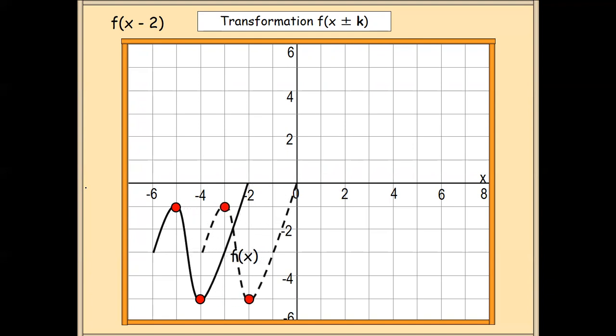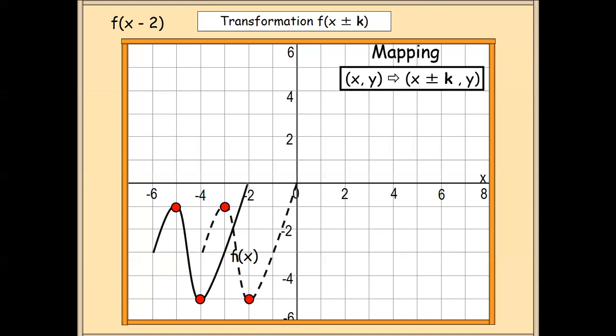So basically, it's just going to move to the right on the x by 2. So if I was at -2, I'm going to be at 0. Here I was at -5, move to -3. Here I was at -4, move to -2, and then you redraw the graph.